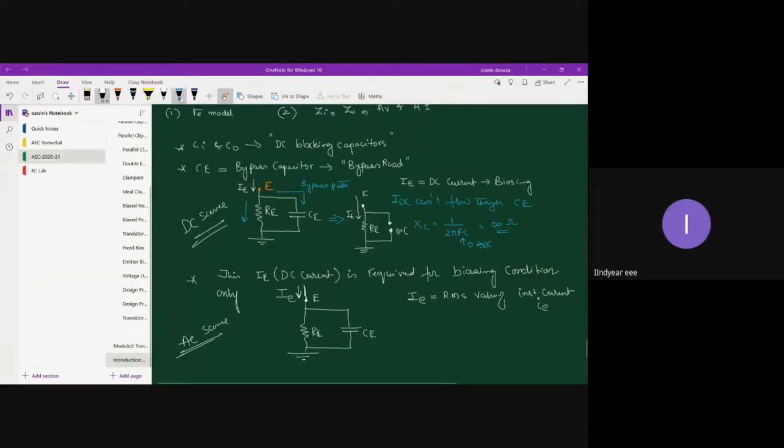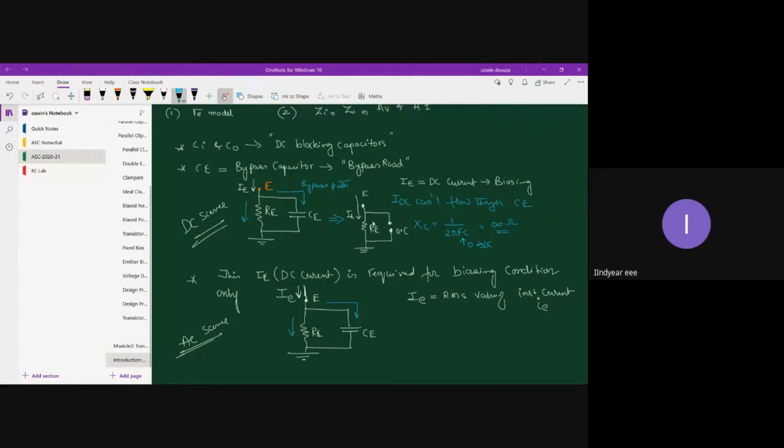Now, as you know, this current can flow through this path as well as this path. The question is which path the AC current prefers: the emitter resistance path or the capacitor path.